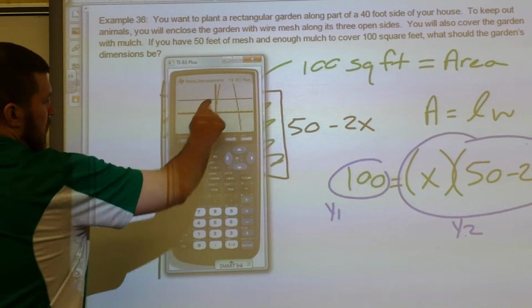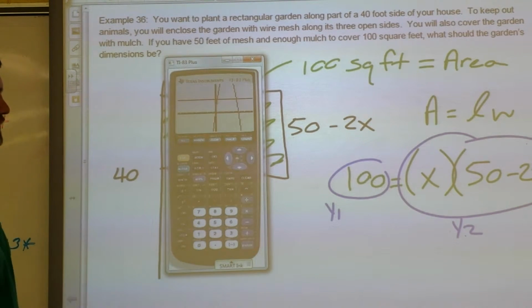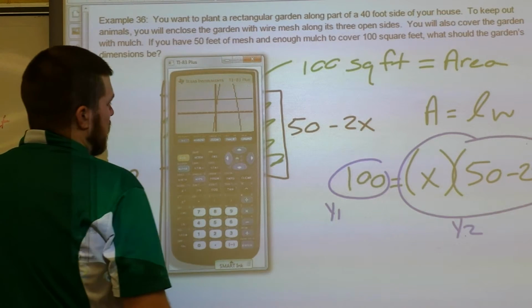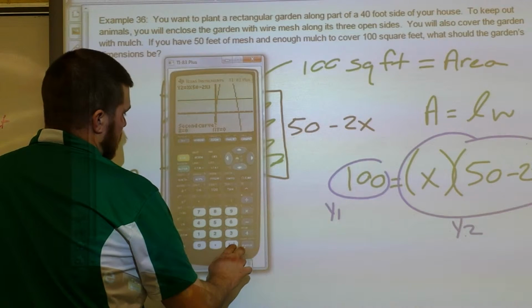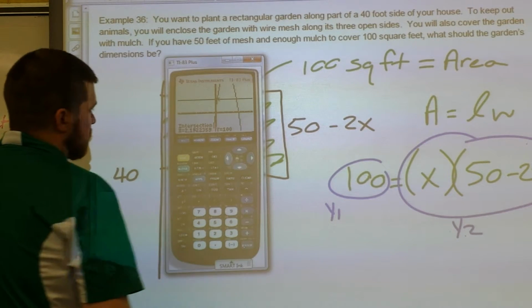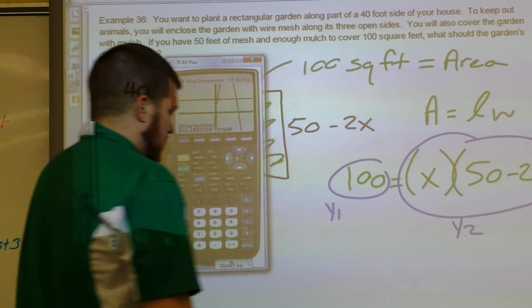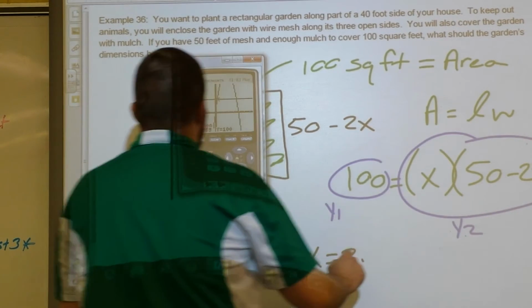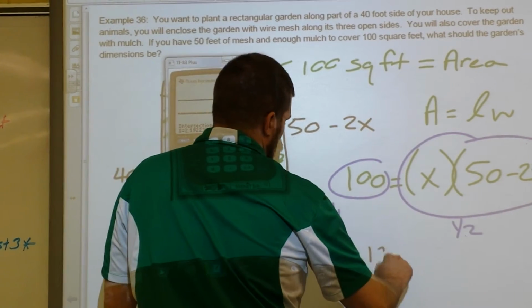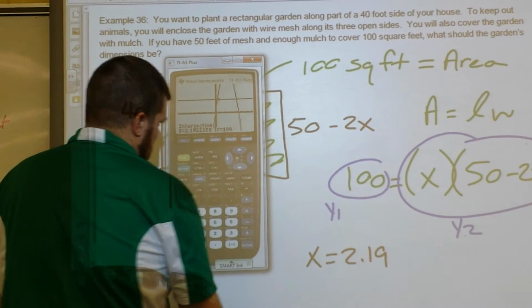Alright, so I have 2 points of intersection. So I want to say second calc, option 5, first curve enter, second curve enter, yes. My first point of intersection is x equals 2.19. My second point of intersection, let's find that.